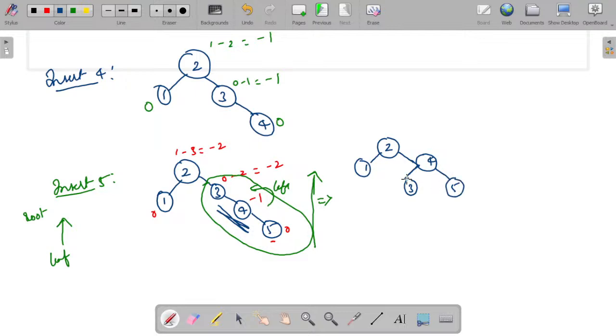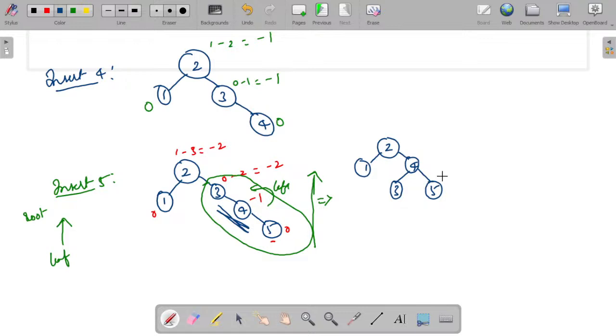So now we have performed the rotation operation, right? Here is this, so 4 goes up, 3 is pushed down, and 5 stays as it is.